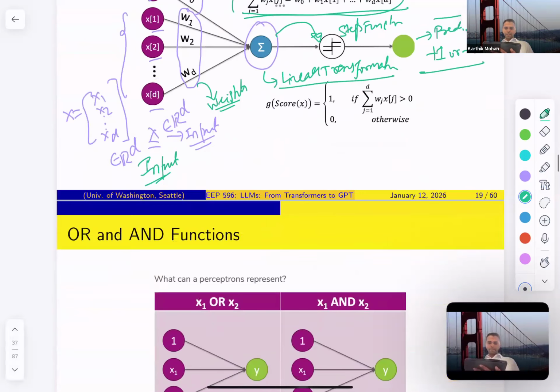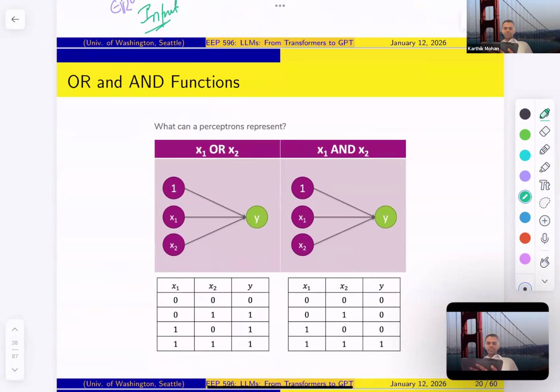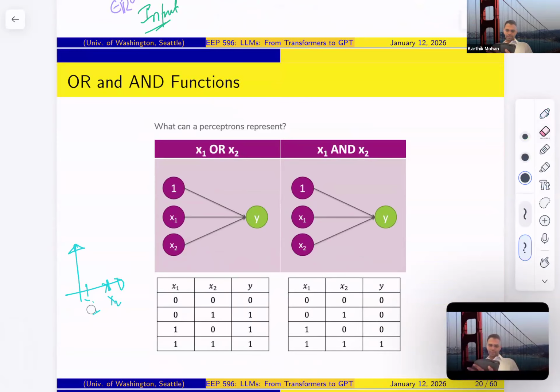Okay. A simple example of a perceptron is the OR function. So what does the OR function look like? If you have x1 and x2, you have either 0, 1 and 1, 0. So when is OR true?